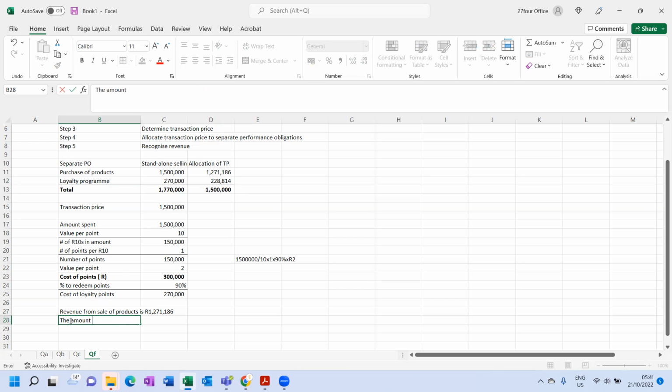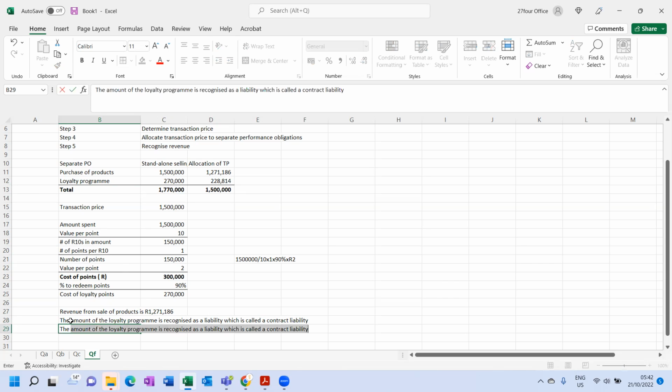The amount of the loyalty program is recognized as a liability, which is called a contract liability.